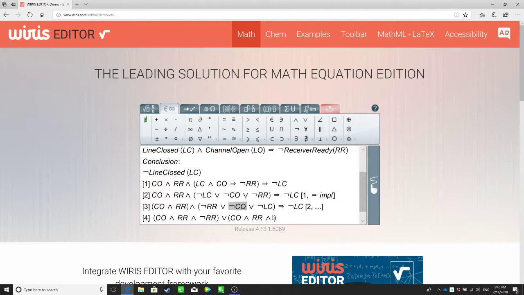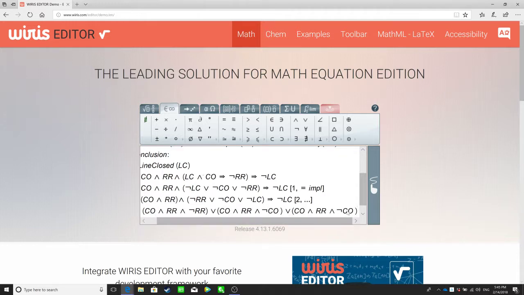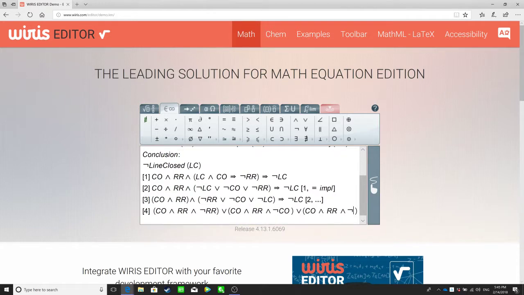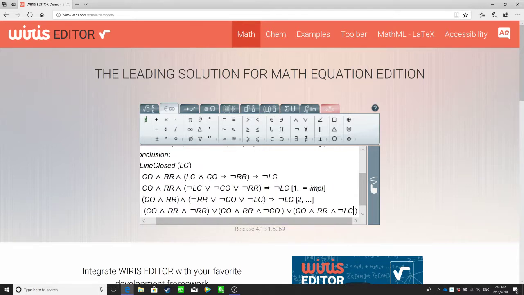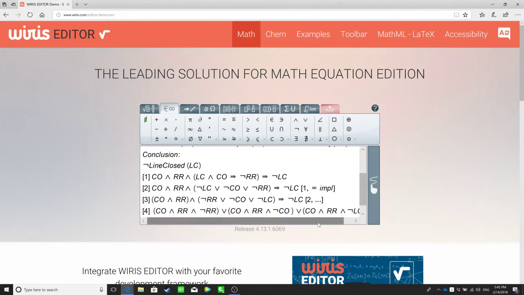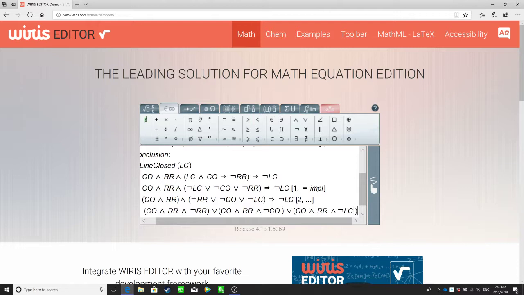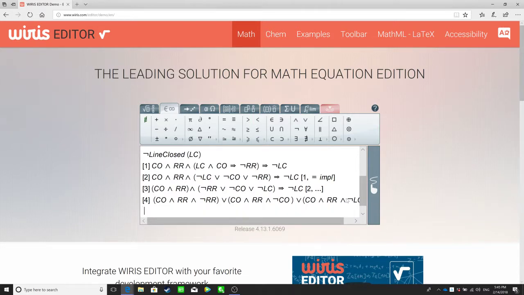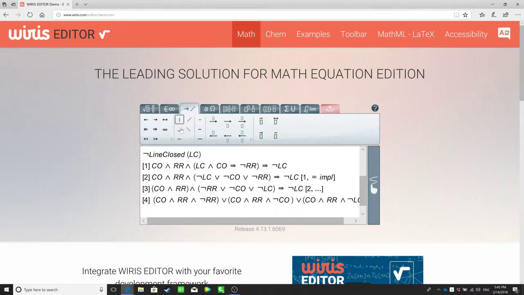Negation CO. Right? Another or. This is negation LC, yes. So this whole thing, don't forget that, implies negation LC.